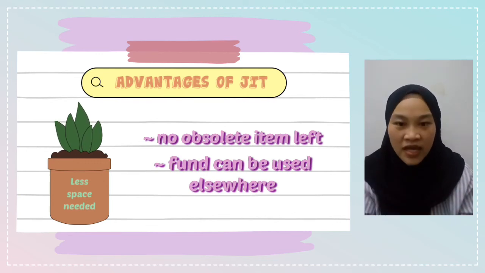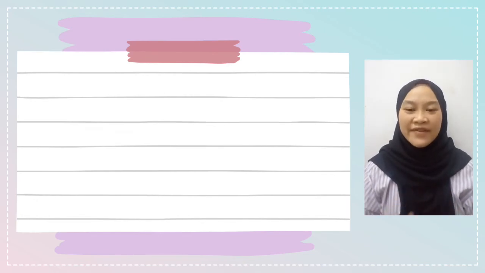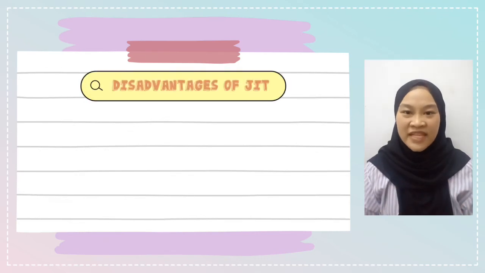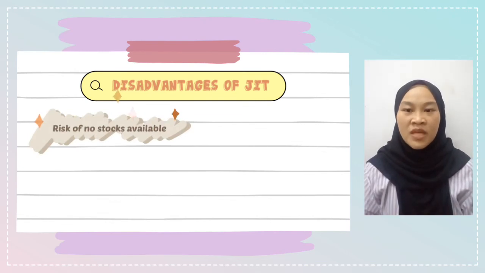Despite having the advantages, the JIT system also has several disadvantages. The first disadvantage is a risk of running out of stock. By not carrying much stock, it is important to have the correct procedures to ensure the stock can become available readily and quickly.